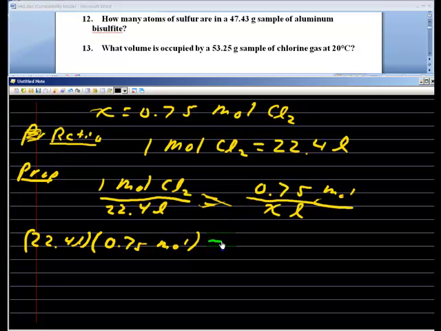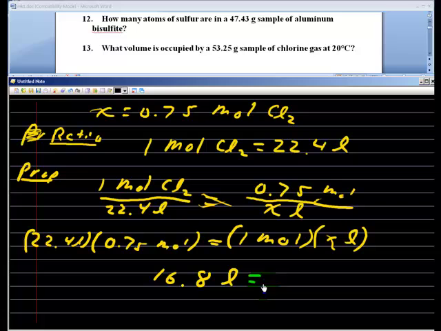That equals 1 mole of Cl2 times X liters. When you work out the algebra, you wind up with 16.8 liters equals X. Now that is the answer we were looking for.